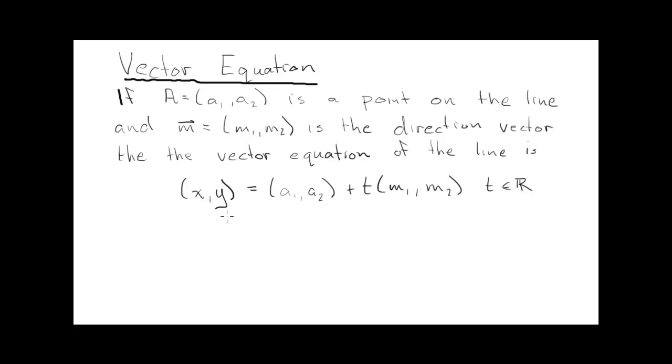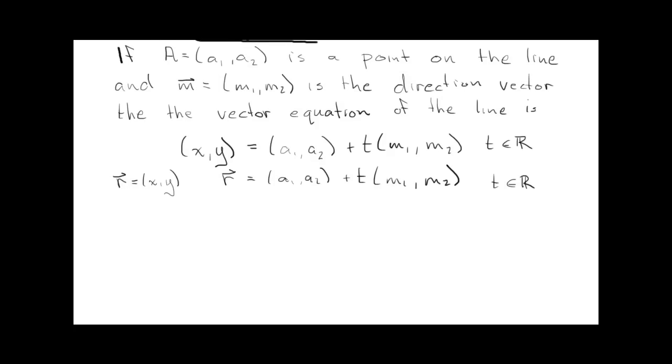And then sometimes instead of writing xy, we'll think of xy as a vector and call it r, so you just say r is equal to a1, a2 plus t times m1, m2, where again t is a real number. Okay, so that's just another way of writing it. So this is a vector equation.